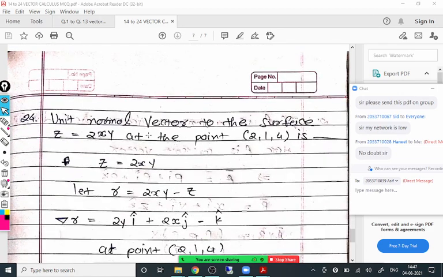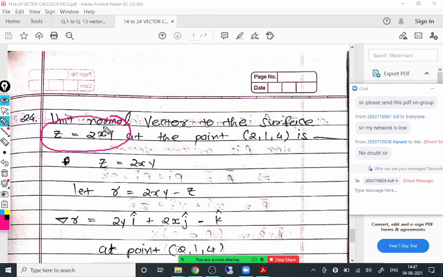Question 24, the unit normal vector to the surface z at this point. We already discussed this type of question. We want the unit normal vector to this surface, but the surface is not given in standard form. What is the standard form? We are given f of xyz equal to 0 or phi of xyz equal to constant.